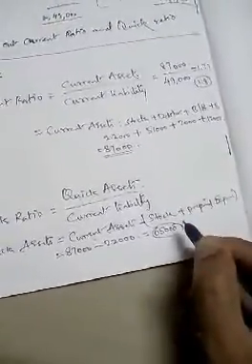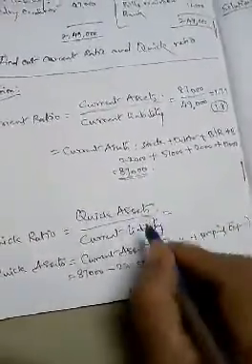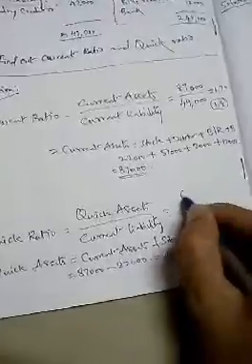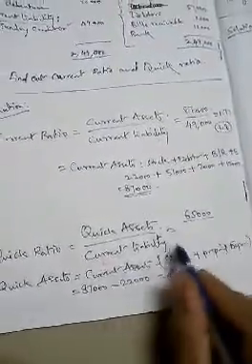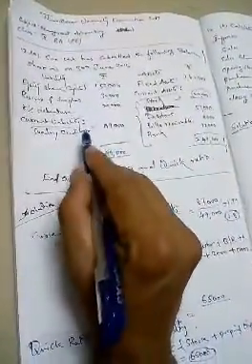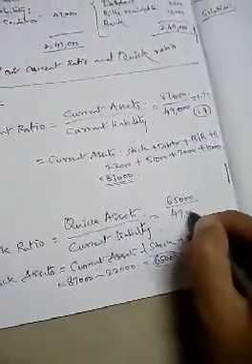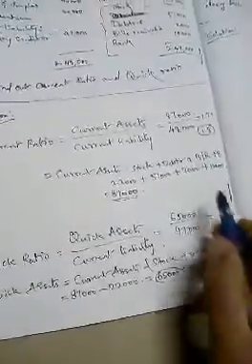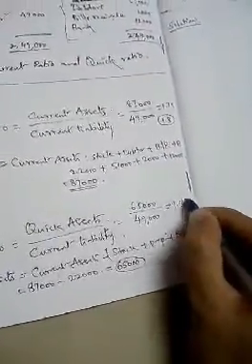Now we simplify using the formula. Quick assets 65,000 divided by current liability. In the question only one item is given, sundry creditor 49,000. We use the same current liability, 49,000. If you simplify this you get the answer of 1.3.